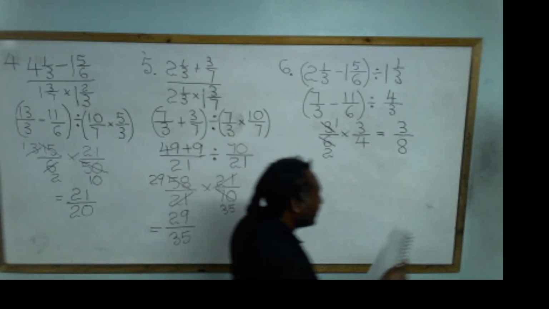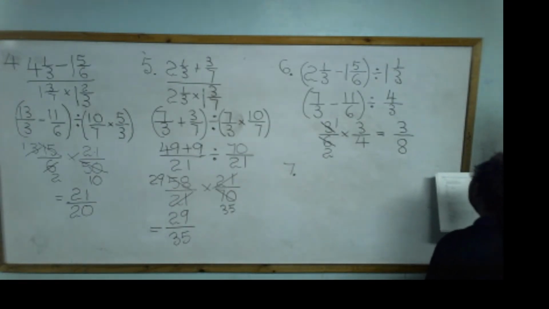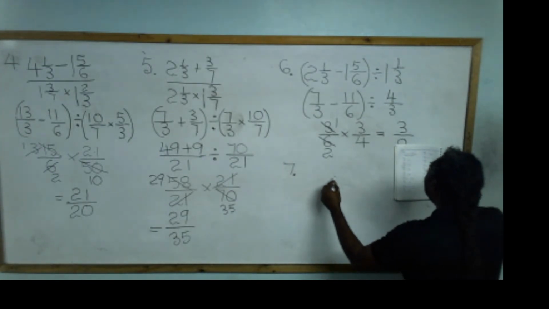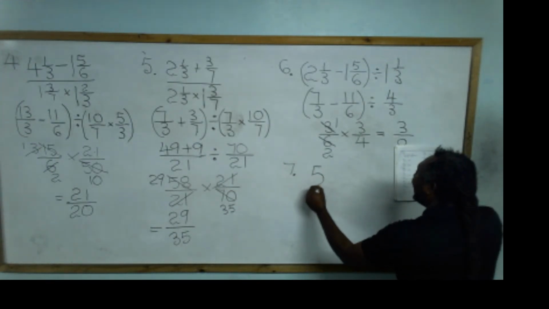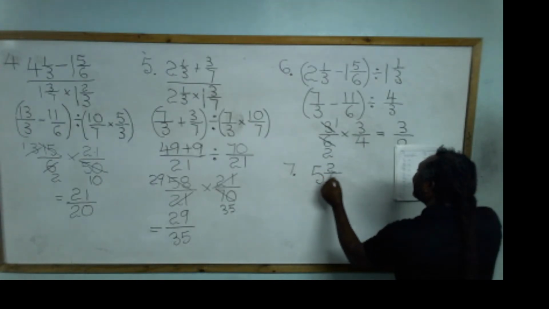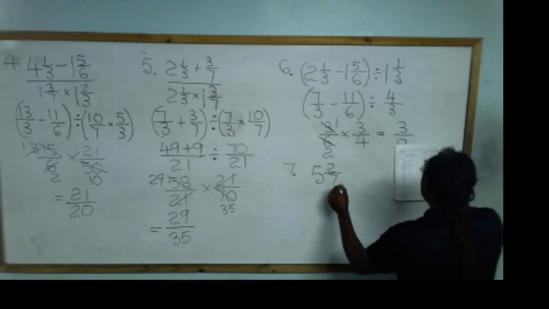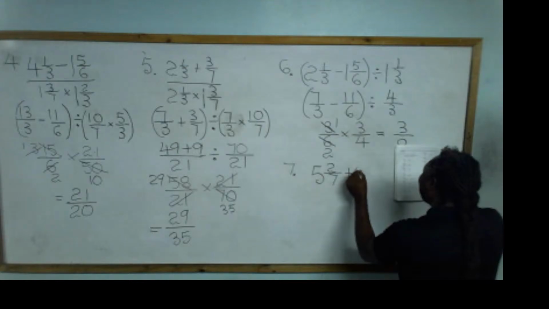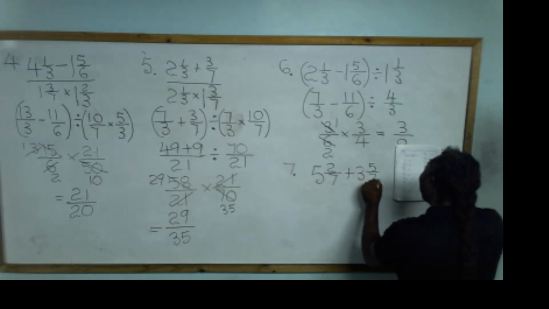All right. So number 7. 5 and 2/7 plus 3 and 5/7.